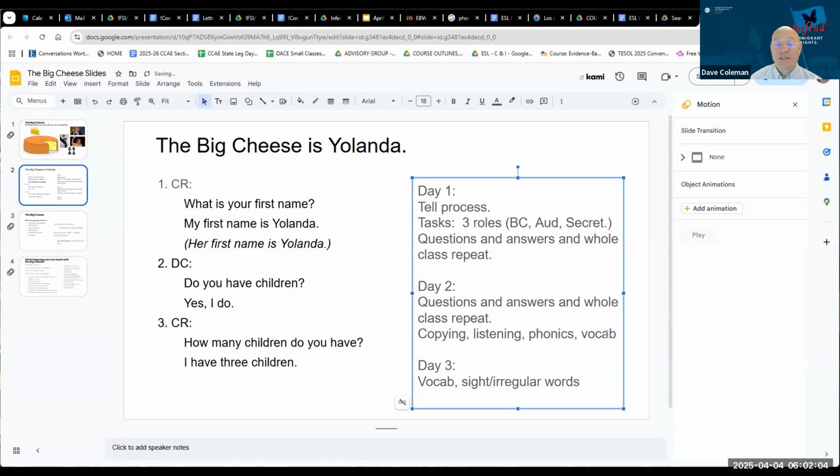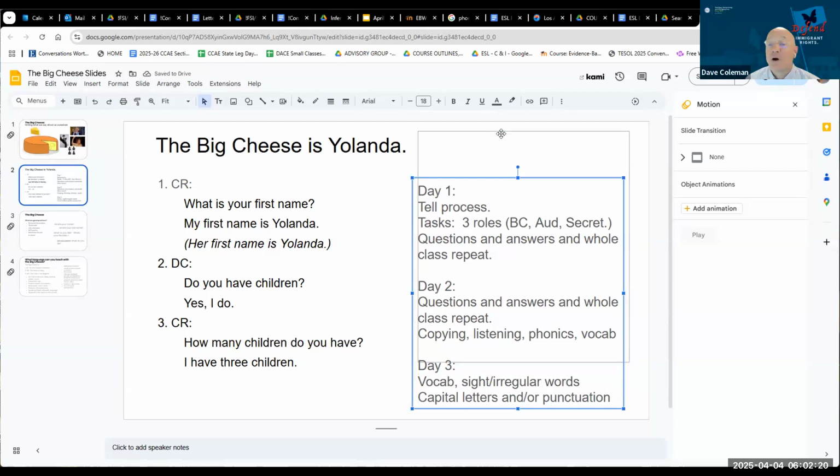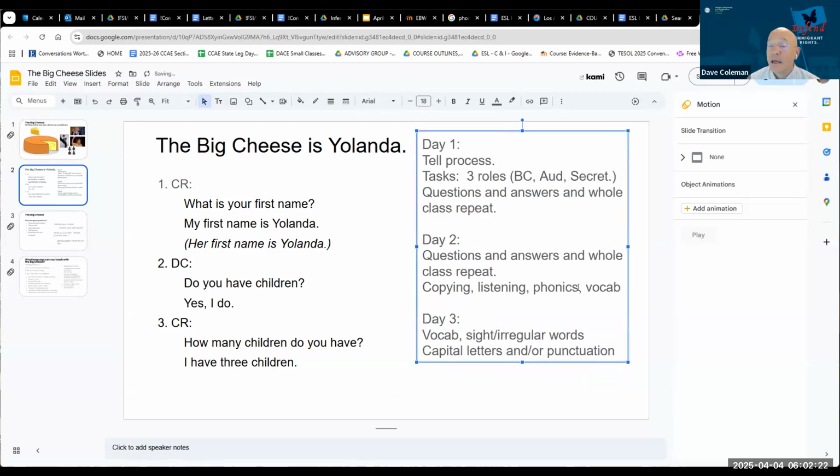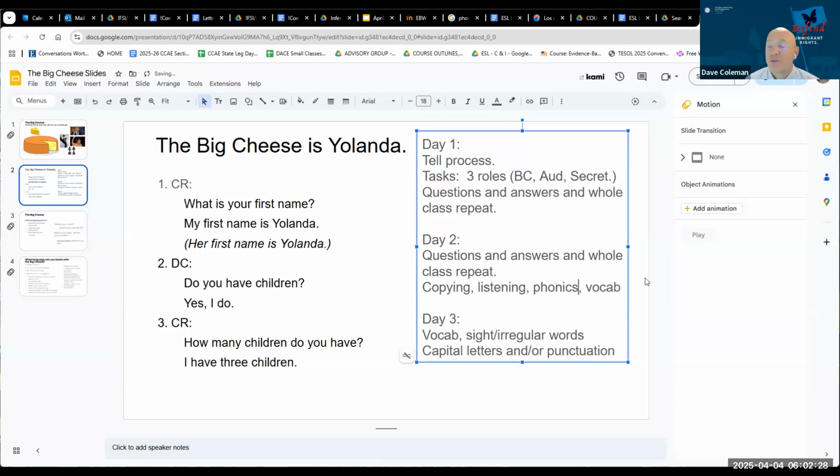How about if we were to teach them maybe capital letters? Right, basic punctuation, periods. Capital letters and or punctuation. And is it too early for vowels? It's maybe not. That might be better to do on day 3 or day 4.